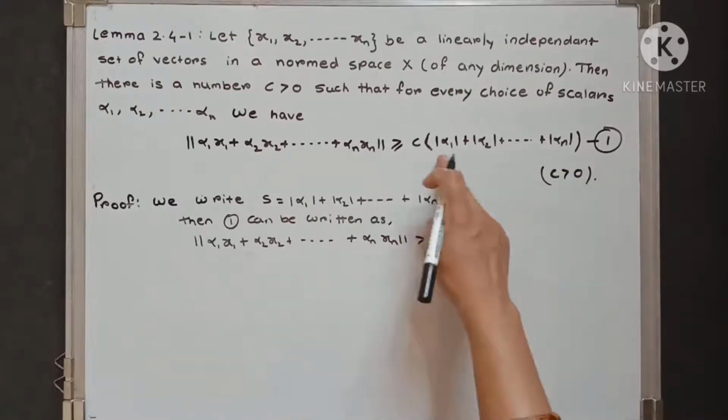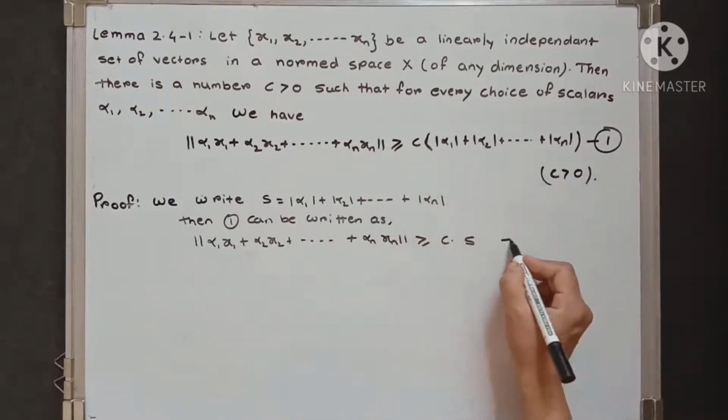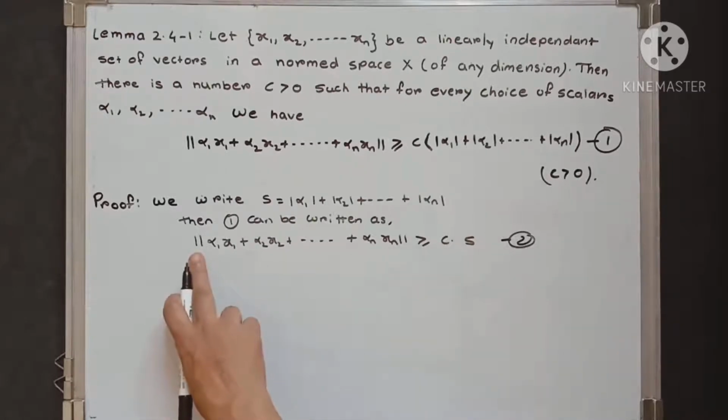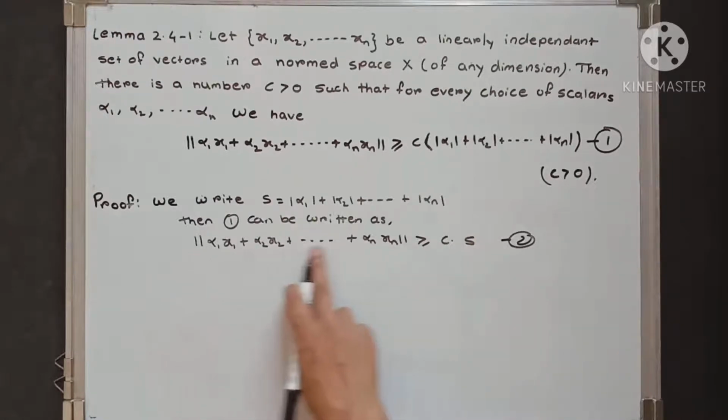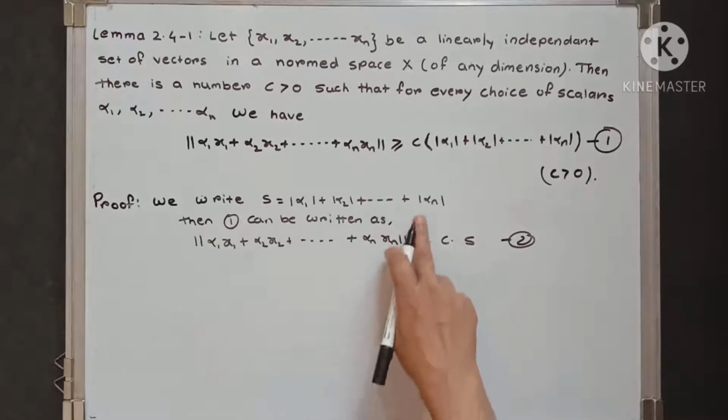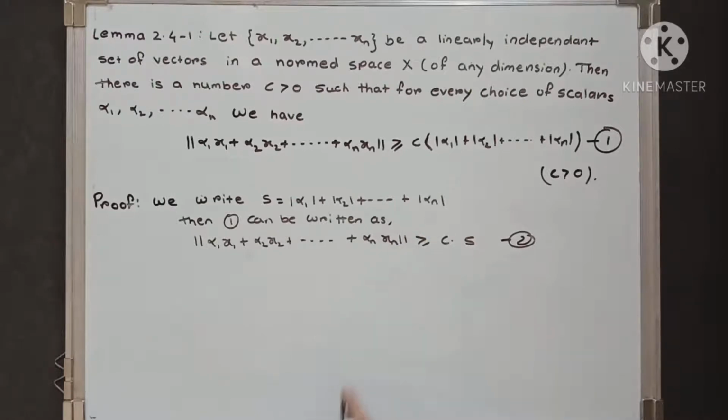That means our equation 1 now becomes this inequality, equation 2. Now here s equals mod of alpha 1 plus mod of alpha 2 up to mod of alpha n. For this s, we consider two cases.